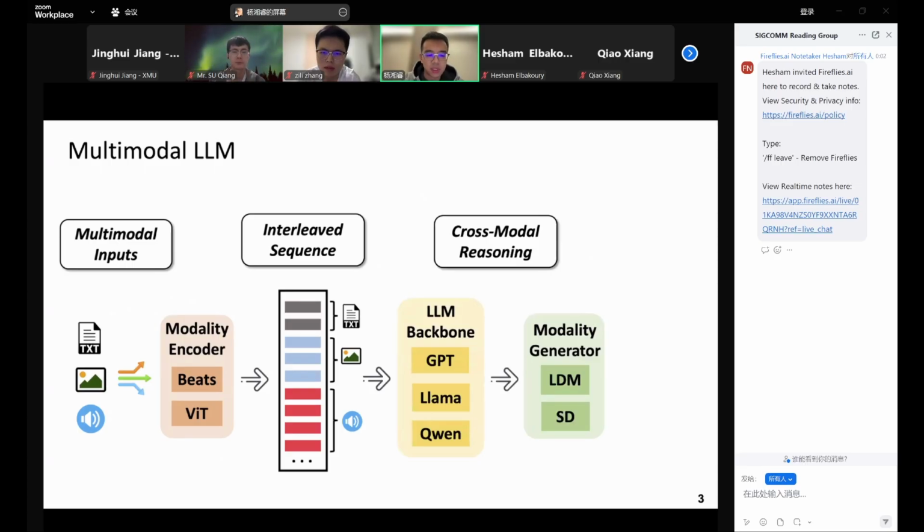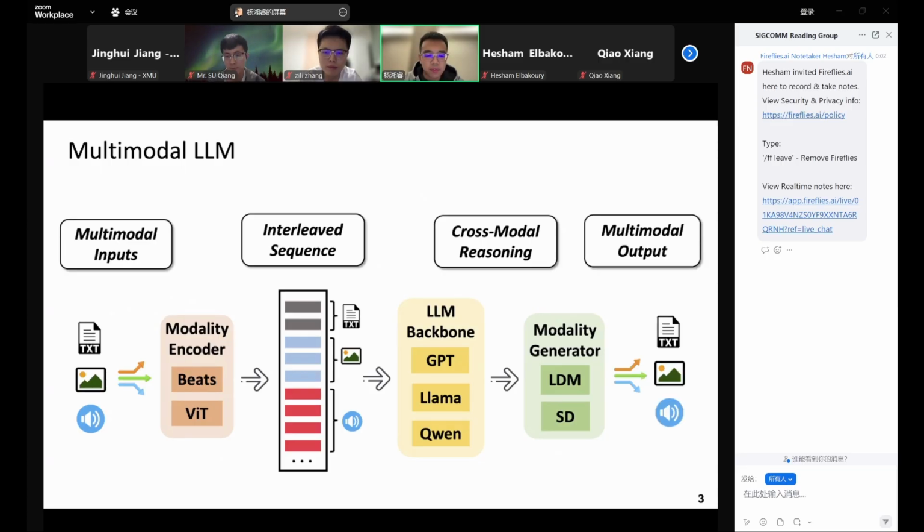This sequence is then passed to the LLM backbone. Here a powerful model like GPT, Qwen, or Llama performs core reasoning, analyzing relationships and the context between different types of information. Finally, based on this reasoning, a modality generator, such as a diffusion model, produces the desired multimodal output, which could be text, a newly generated image, or even audio.